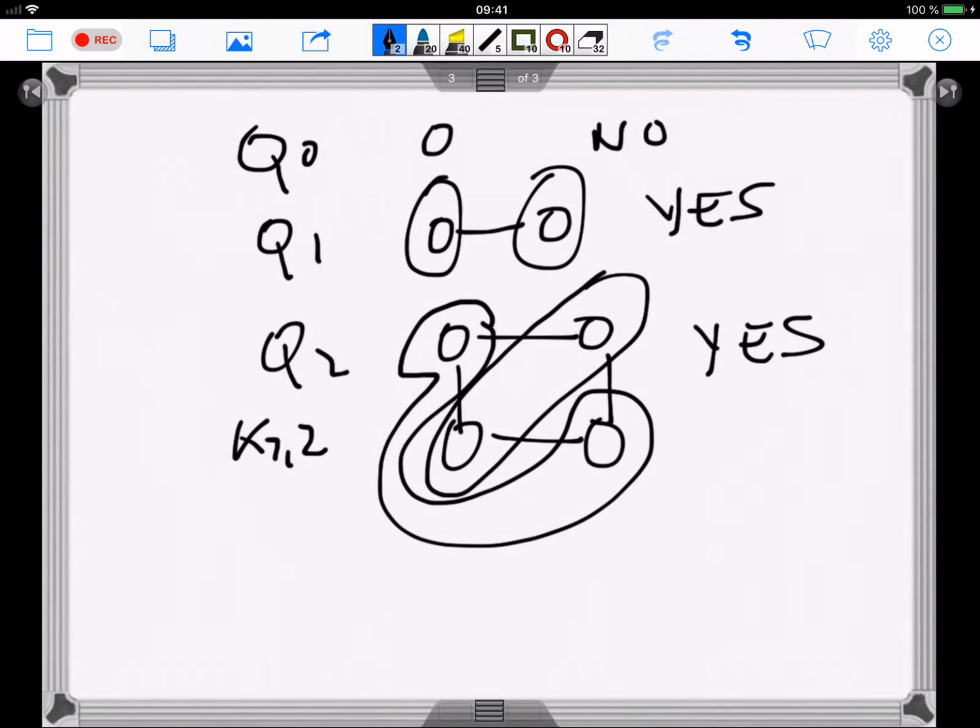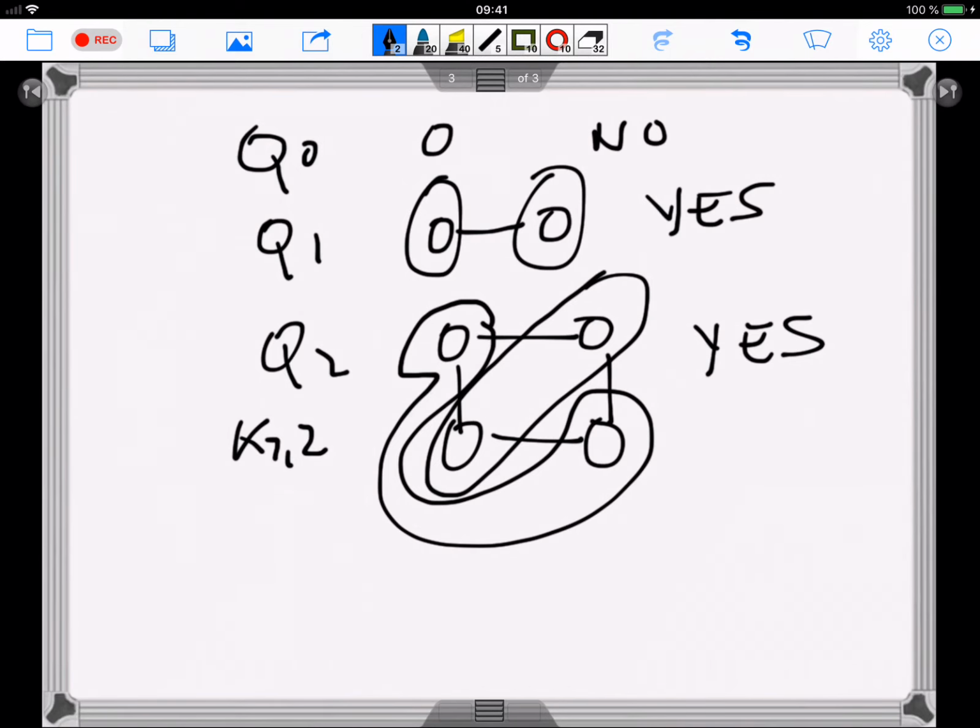and what you need to do is try to find if there are cycles of odd length or not. Okay, if there are no cycles of odd length, then the graph is bipartite. And it is very easy to check that there are no cycles of odd length in hypercube graphs.